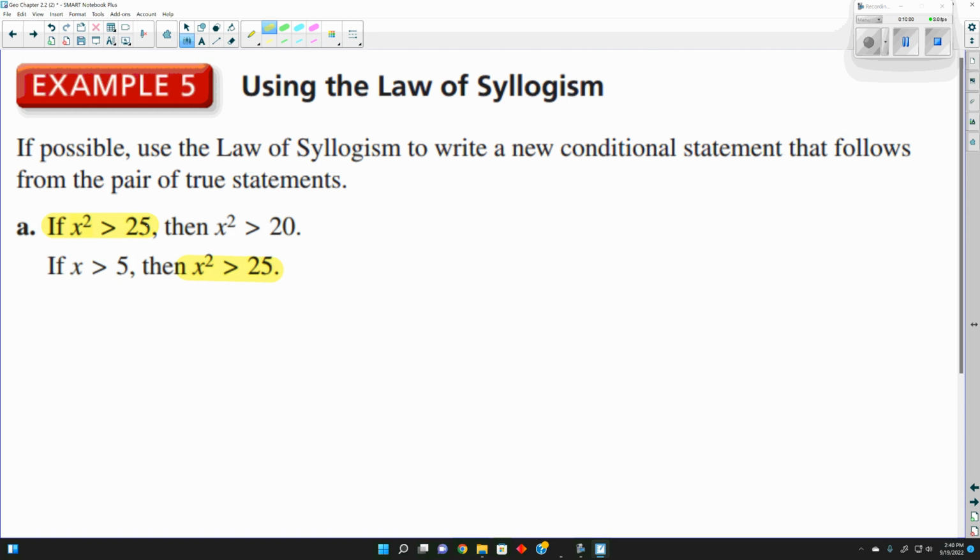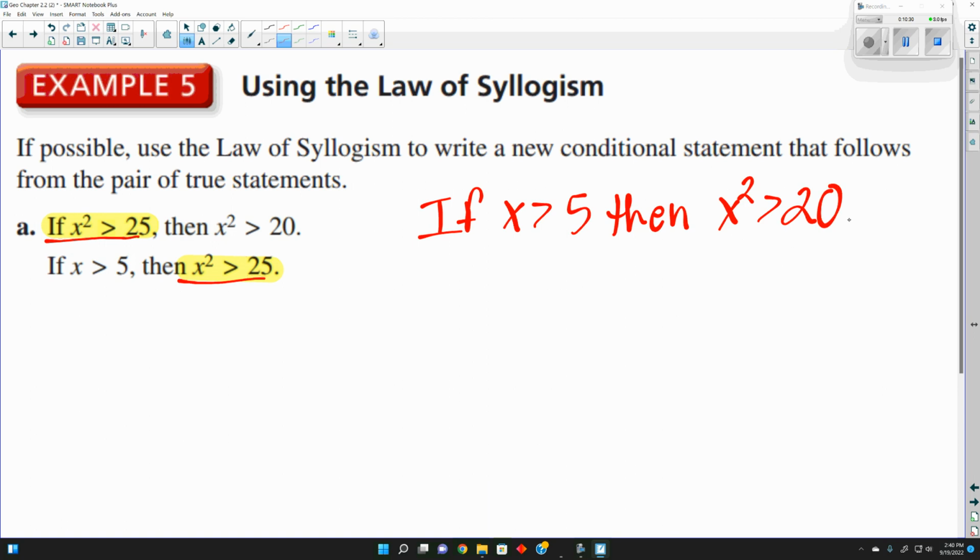If we have one that matches in both, what we can do is take these two statements and make them into one. And what we'll do to make them into one is that we drop the parts that are the same and attach the others. So if x is greater than 5, then x squared is greater than 20. That's it.